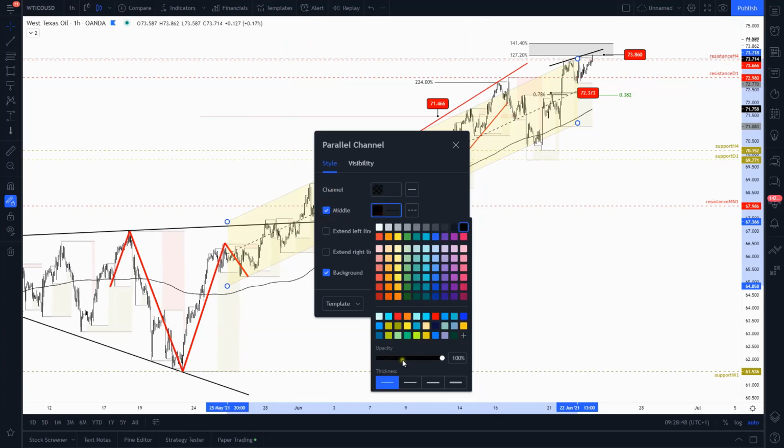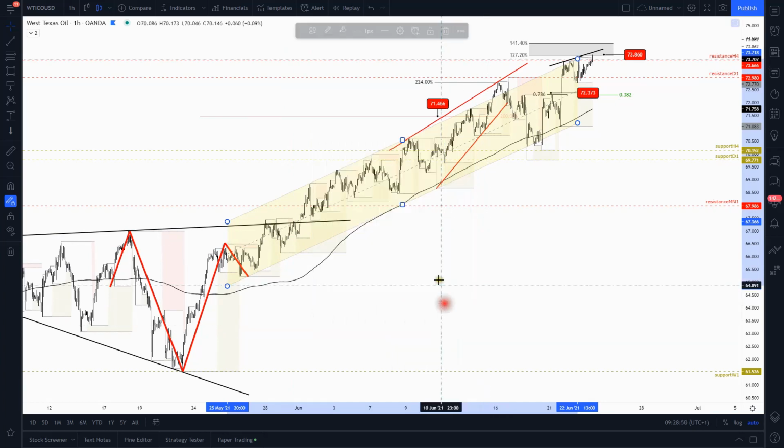As we can see, the price uses this midline as an element of support, or a kind of pivot zone for the channel, a zone where the price will react, and uses that line as support and resistance levels. As you can see, the market is respecting these channels.